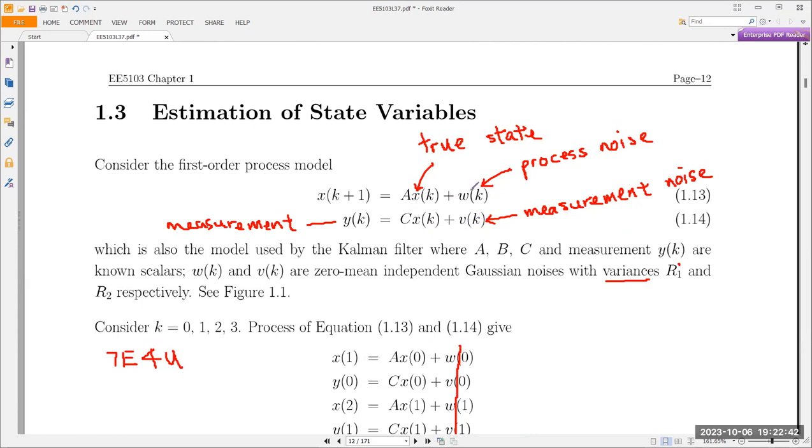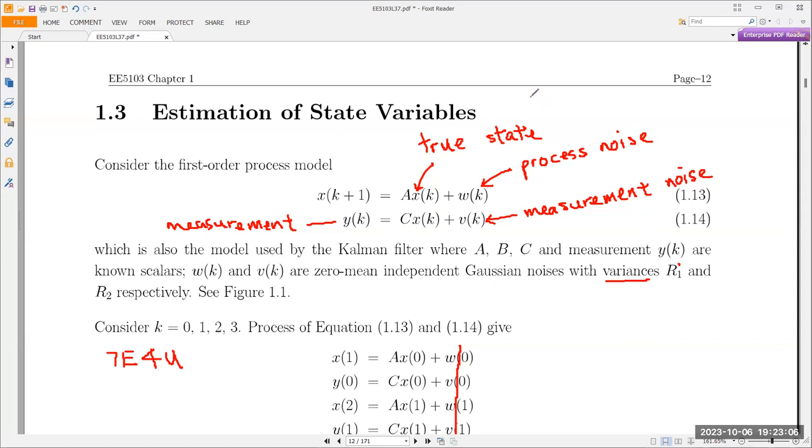For example, if W has a variance of 1 and V has a variance of 2, then we know that this equation 2 has more noise, bigger noise.